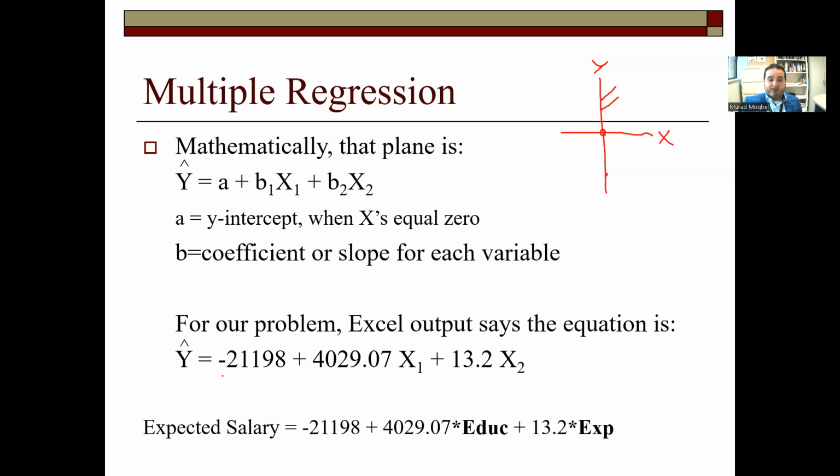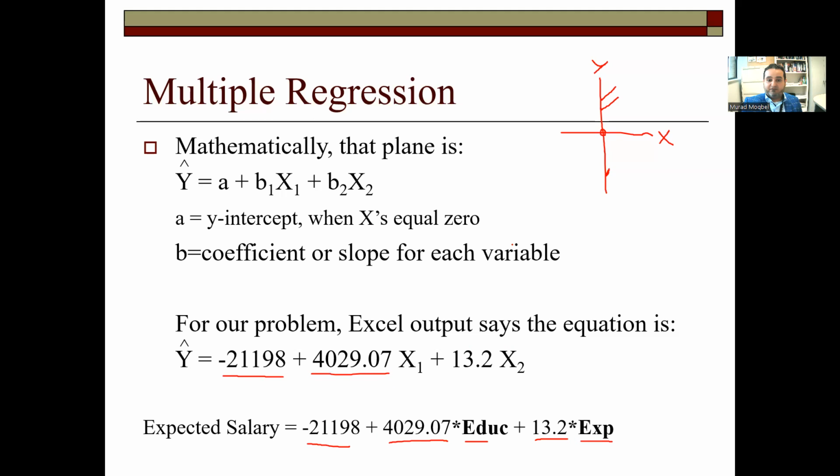So this is the a, and this is for education. Actually, we put here education as x1. And this is the beta coefficient for experience, in terms of number of weeks, right? Number of weeks. So in other words, this one, negative 21,000, might start here.